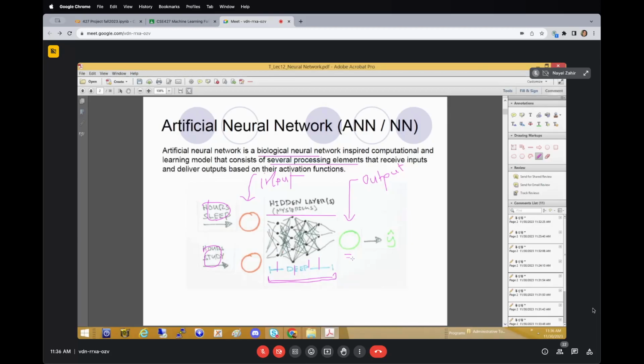Based on maybe 1 lakh data, if we train this neural network, then if someone's study hours are 10 hours per day and the sleep hours are 6 or 7 hours per day, what will be the predicted CGPA for that student?